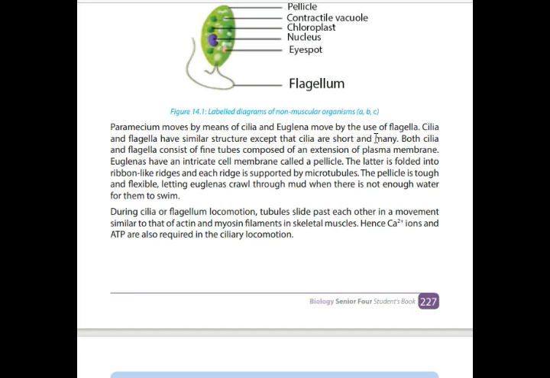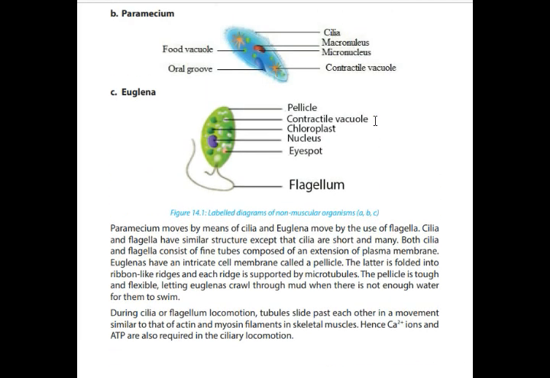Cilia and flagella have similar structures, except that the cilia are short and many. When observing the paramecium, you find the cilia and the flagellum are hair-like, but on the paramecium the cilia are very short and very many on the whole surface.